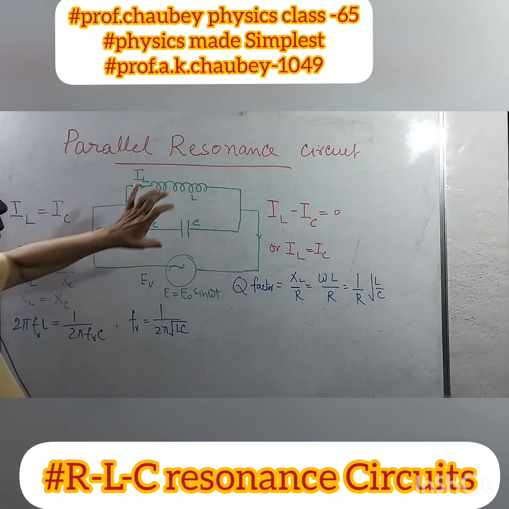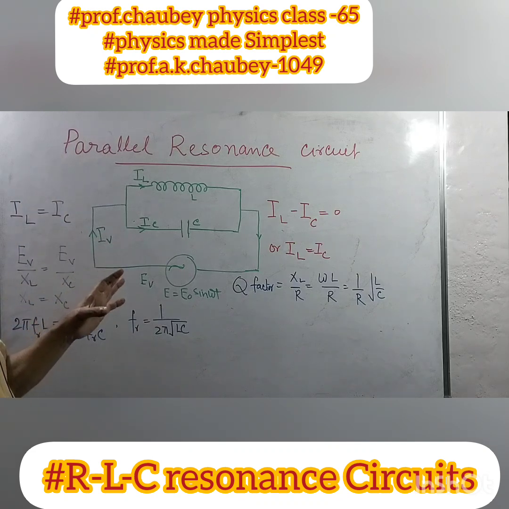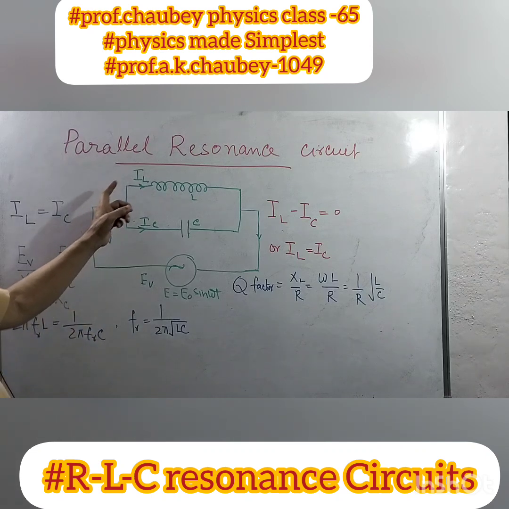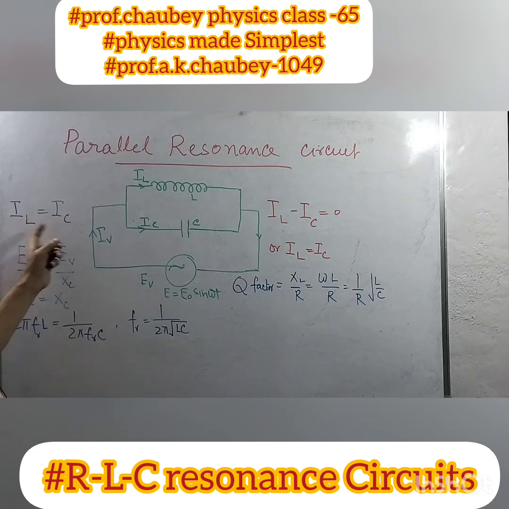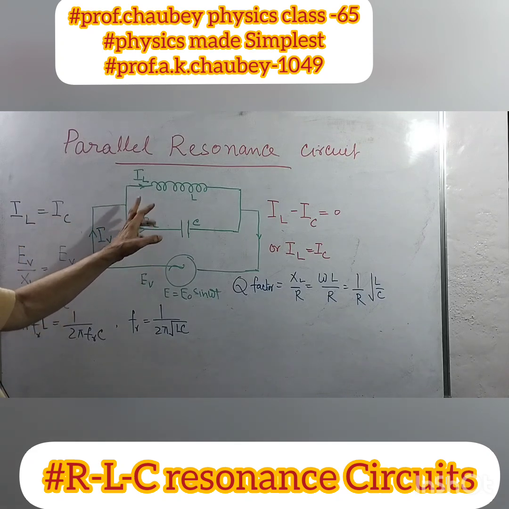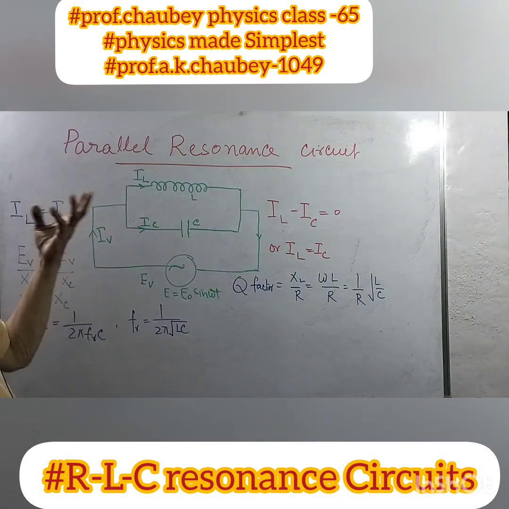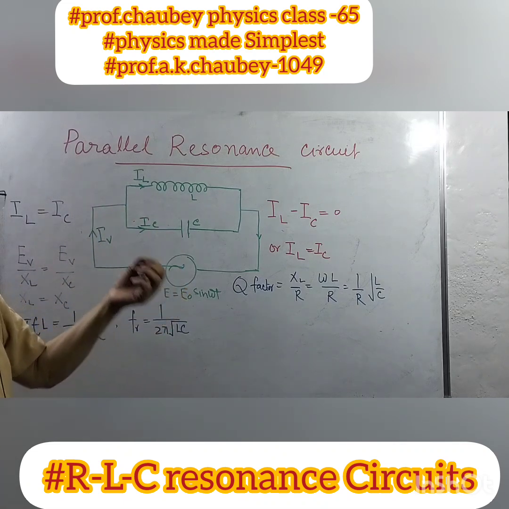The inductive and capacitive currents are opposite, and the values are equal, then the current becomes minimum because both are equal, so this is 0, and only the resistance gives some current.